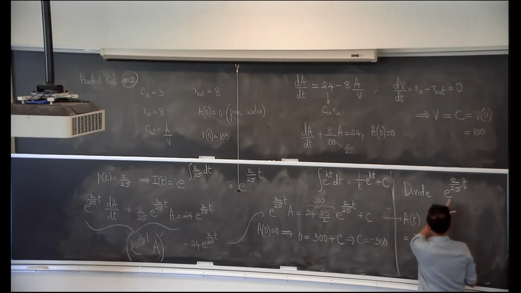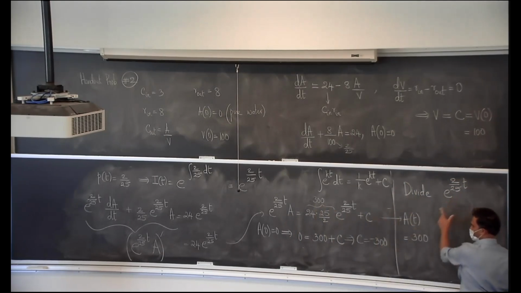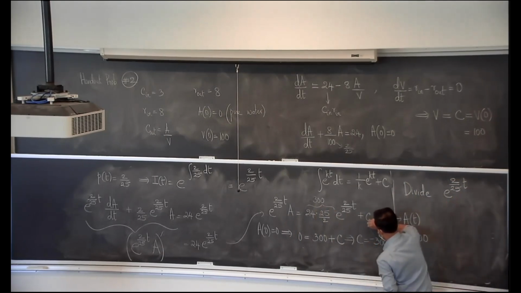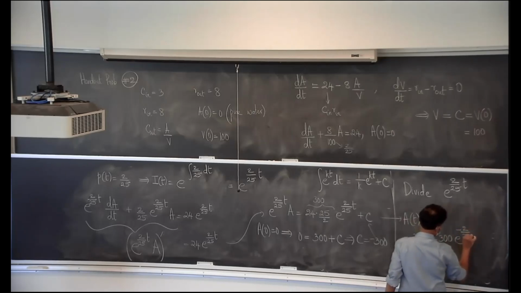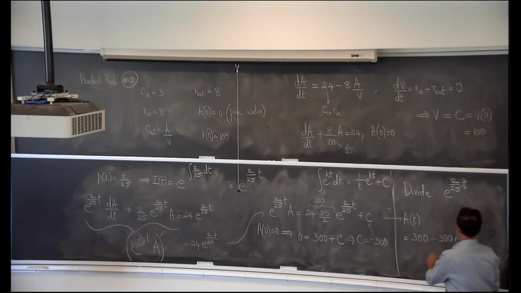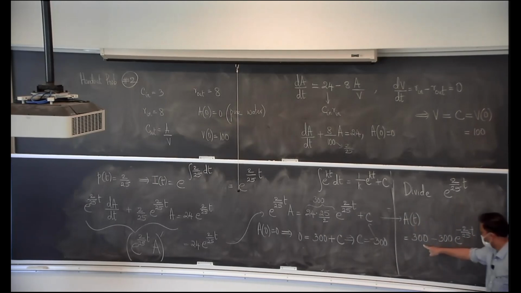This will cancel with the e to the power of 2 over 25 t, and you have minus 300 e to the power of negative 2 over 25 t, because you're dividing both sides by this term. So it starts with the initial mass of 300, and it exponentially decreases with time.